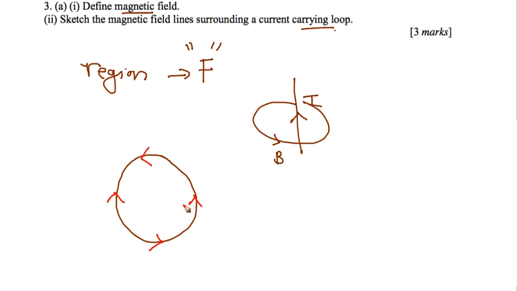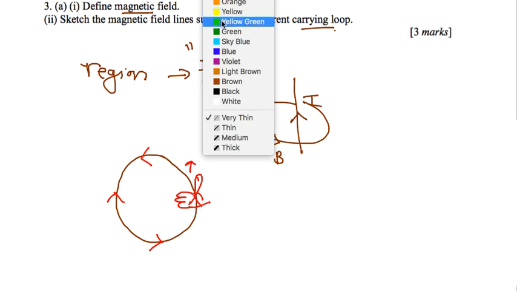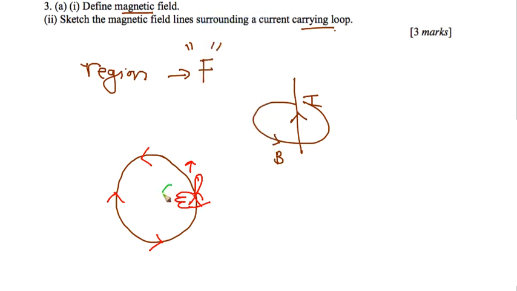If you use your right hand, this is your finger and this is your thumb, the thumb is the direction of the current. So the direction of the magnetic field is your fingers, the direction is to the right. So this is the direction of the B, right?